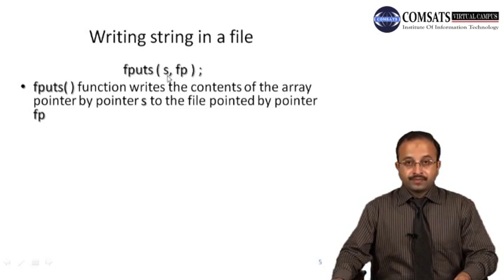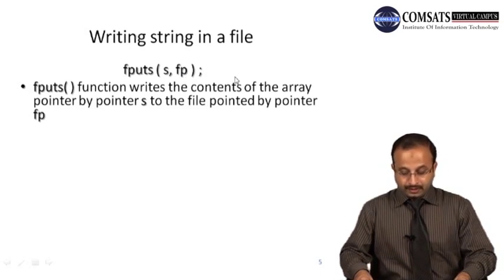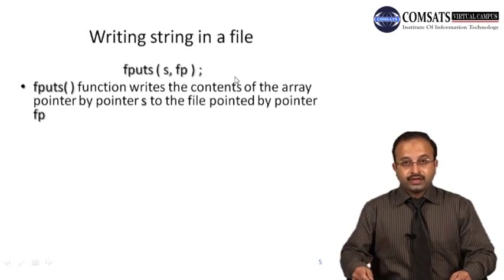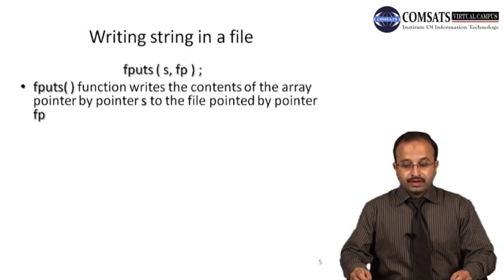So it reads from the memory address that is specified in the first parameter and writes to the second, that is also a file pointer, right? So fputs, file put string, put a string in a file. It reads the content from the first parameter and writes the content in the second parameter.